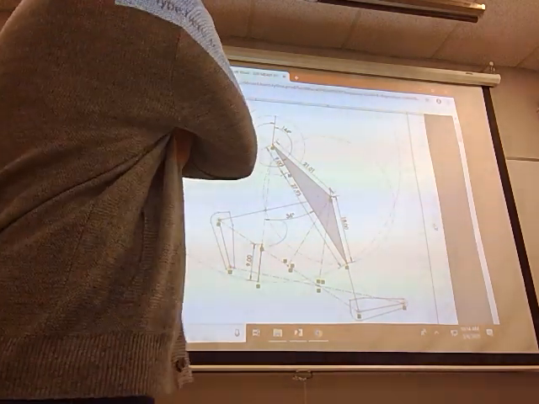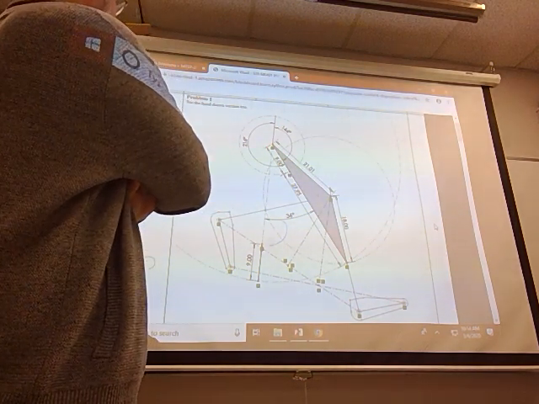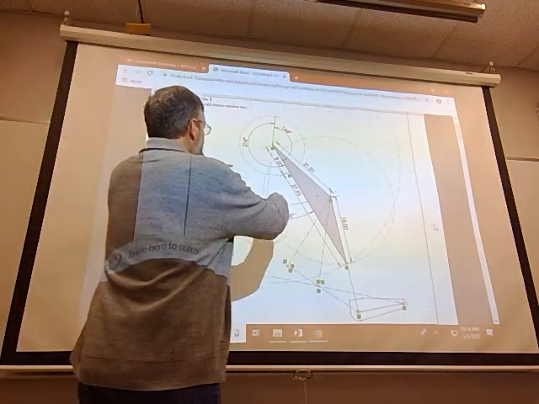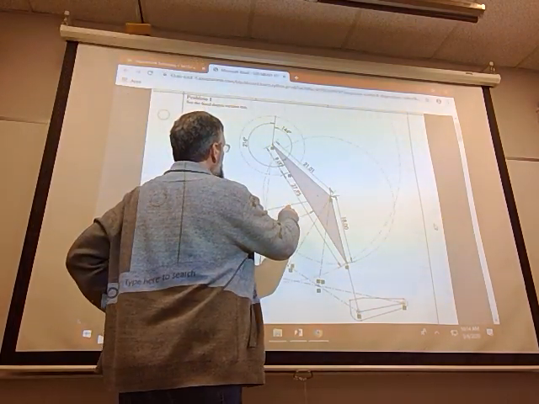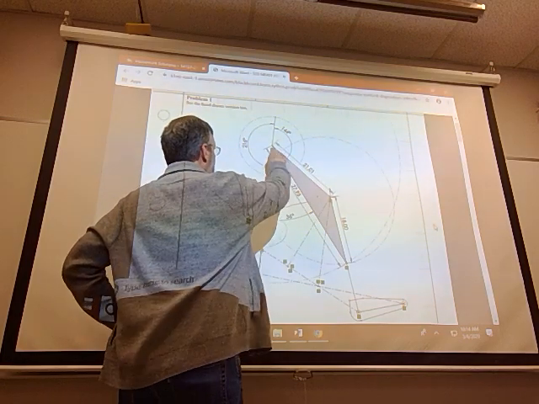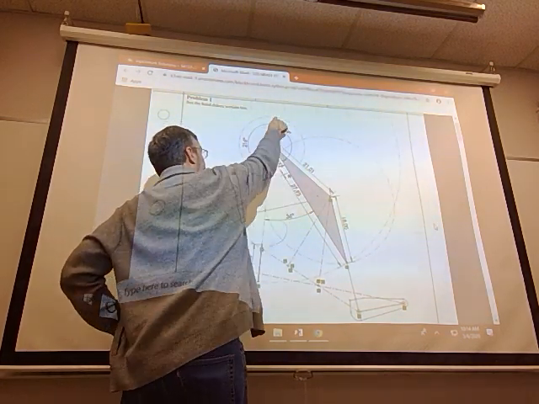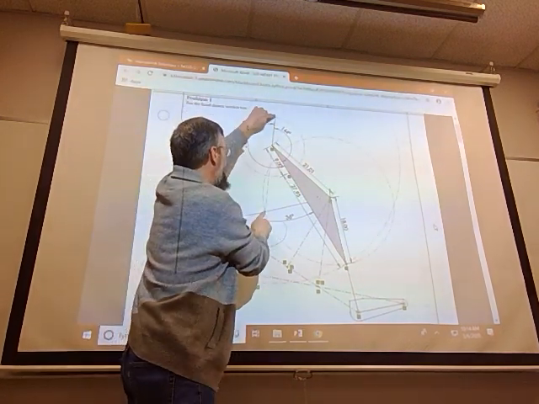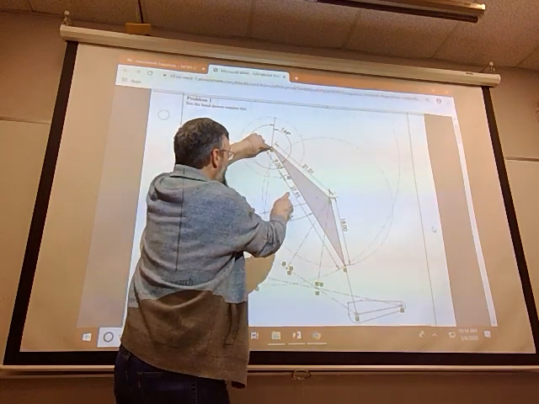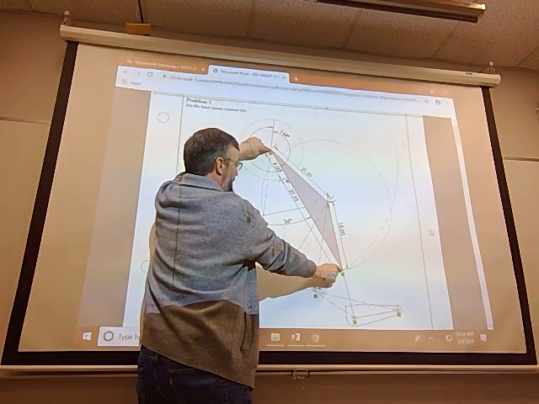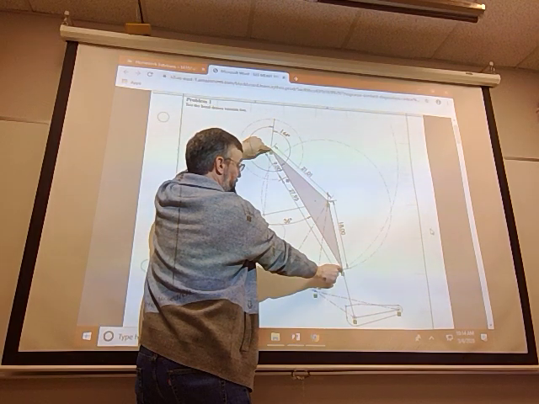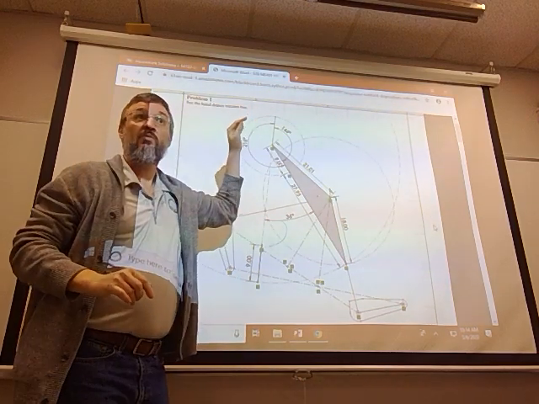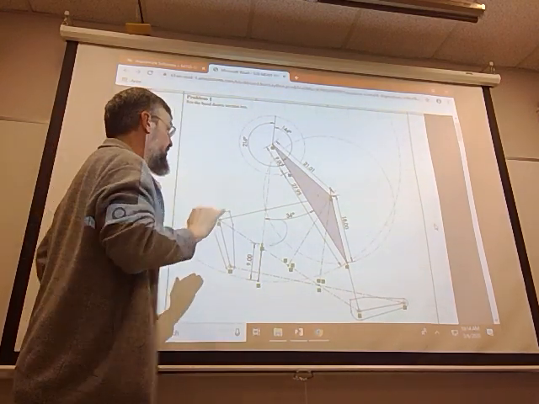When these two things are in line with each other, when the crank is overlapped, it is right here. But when the thing is extended, its full reach is right here. So those are the two extreme positions, with the crank and the coupler in between onto the thing.